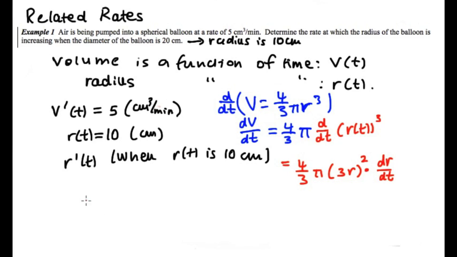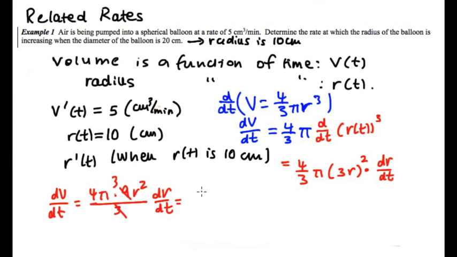Let's make that a little bit cleaner. So dV/dt is equal to 4 pi times 3r squared over 3, so the 3's cancel out, times dr/dt. So that equals 12 pi r squared dr/dt.